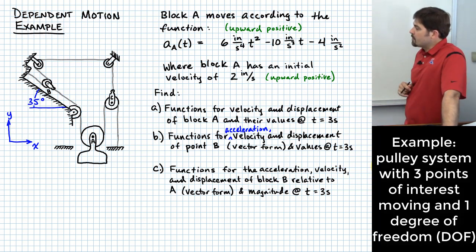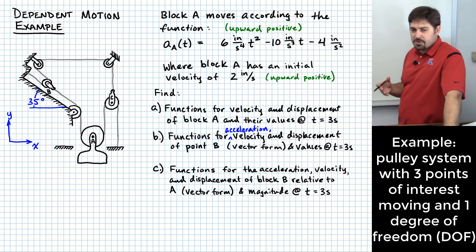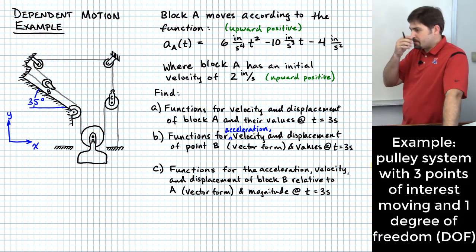Okay? So for this, what we want to do is, first of all, find functions for velocity and displacement of block A. And once we have those functions, we want to find what the values of those functions actually are when t is equal to 3 seconds. Okay? At the very beginning I mentioned that there are two big types of these problems.